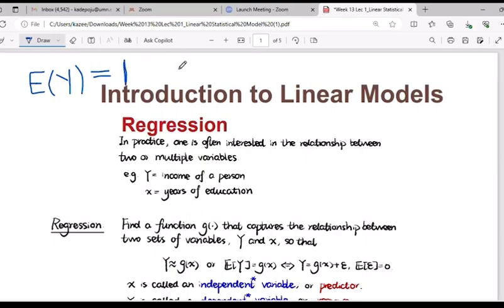The expected value of Y equals mu. We did not relate Y to another variable or parameter. The assumption has been that the expected value of Y is equal to a constant, maybe mu or something.